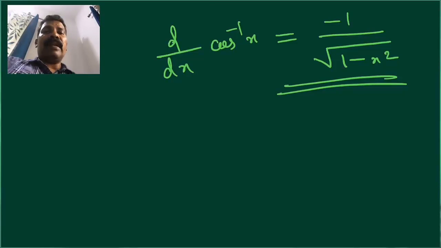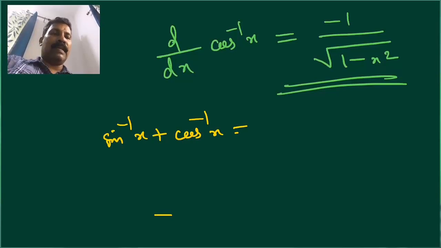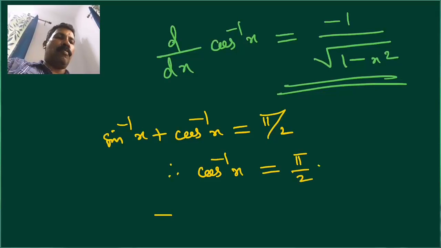But here we can have a different method also, because we may borrow one identity from inverse trigonometric functions, that is sin inverse x plus cos inverse x is equal to pi by 2, we know. Therefore cos inverse x is equal to pi by 2 minus sin inverse x.